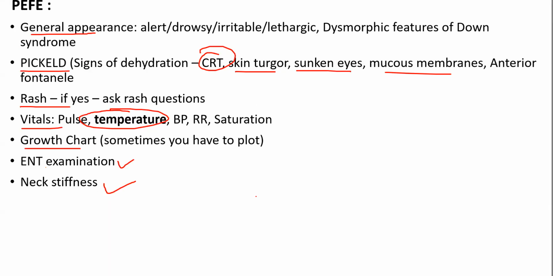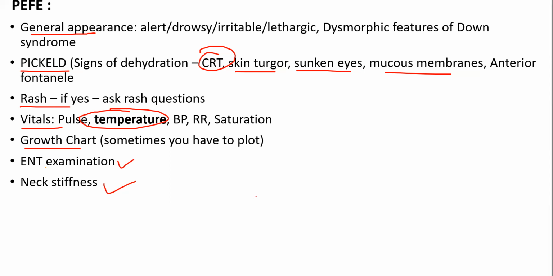Now, I know it's a little bit confusing what we are doing right now. After taking the history, as I said, there can be two different kinds of tasks. One task can be that just a physical examination card is given, and you just need to read the card and then explain the findings later on to the parent.